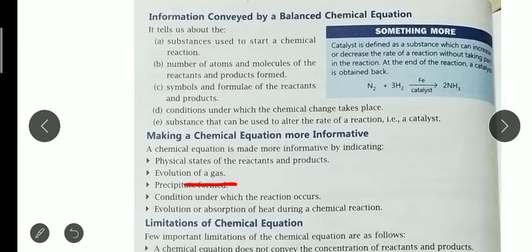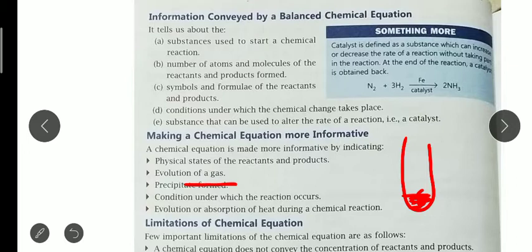It also gives an idea about precipitate formation, and a precipitate always forms at the base of the test tube. Whenever reactants mix with each other, they form a product in the form of a precipitate.